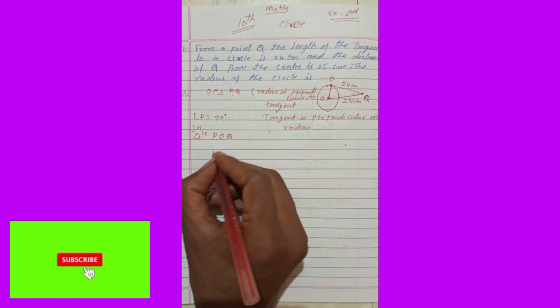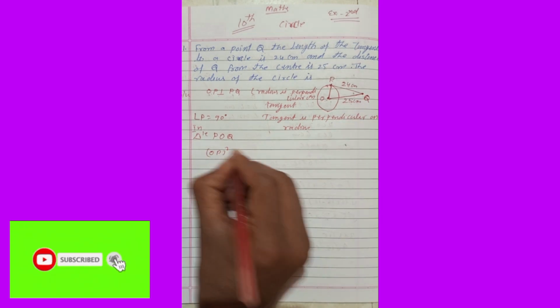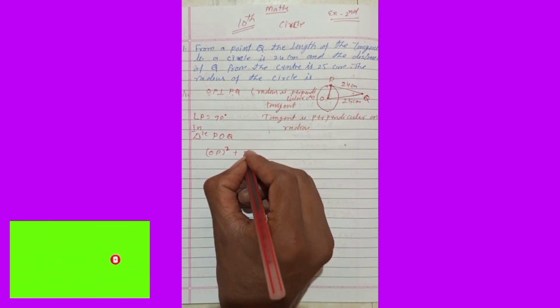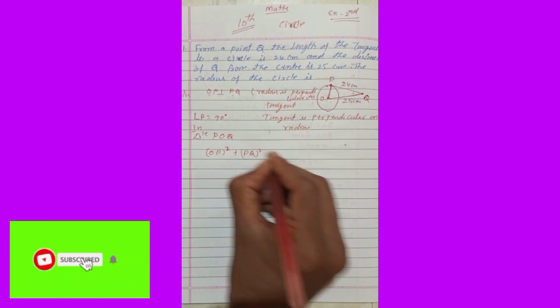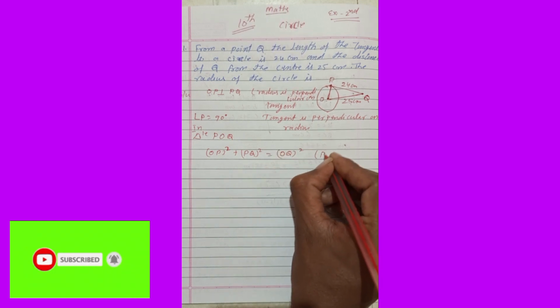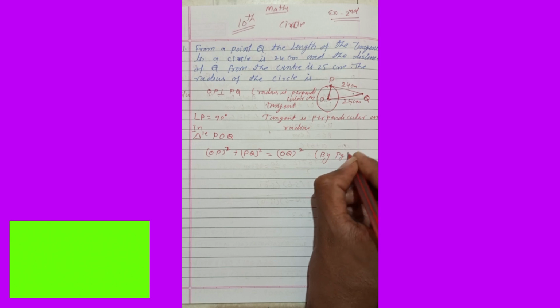So we know the Pythagoras theorem: OP square plus PQ square, this is base, this is height, is equal to OQ square.